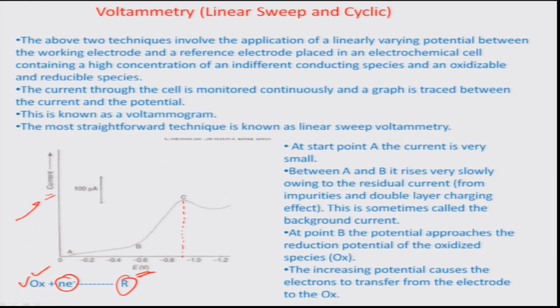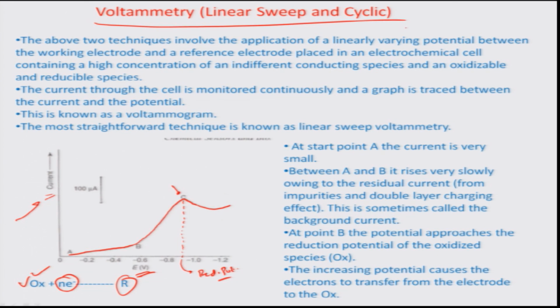So you can think of a plot of current which is going on at a certain rate and then at a slightly changed rate, near this point which corresponds to the reduction potential of the species, there would be a huge enhancement in the current, represented by a peak. This is how most reduction potentials, or even oxidation potentials as a matter of fact, are found out in species, and this technique is known as voltammetry.